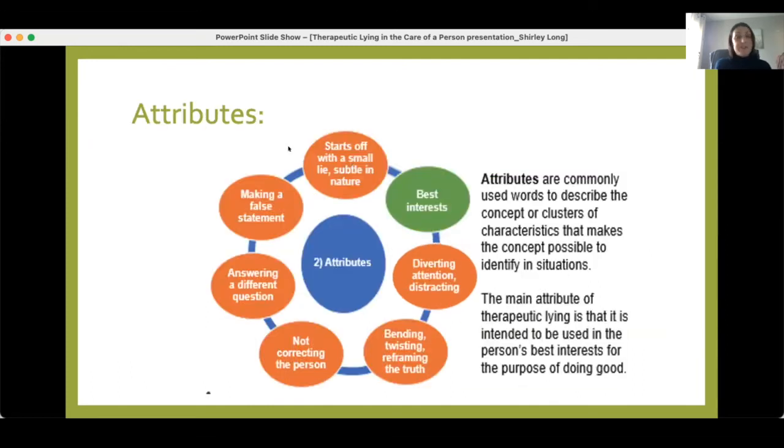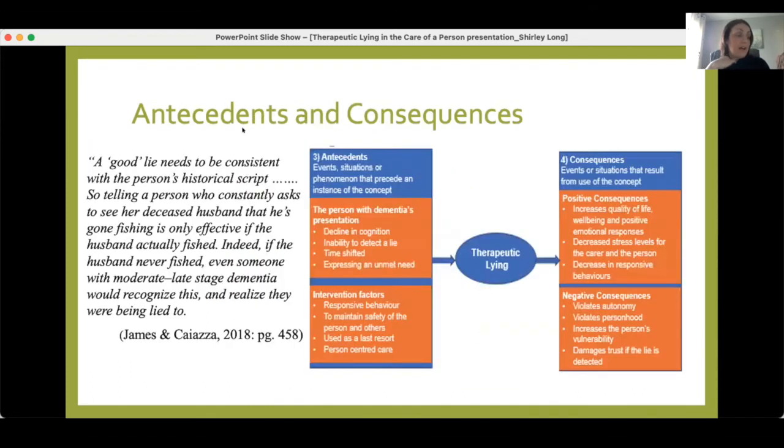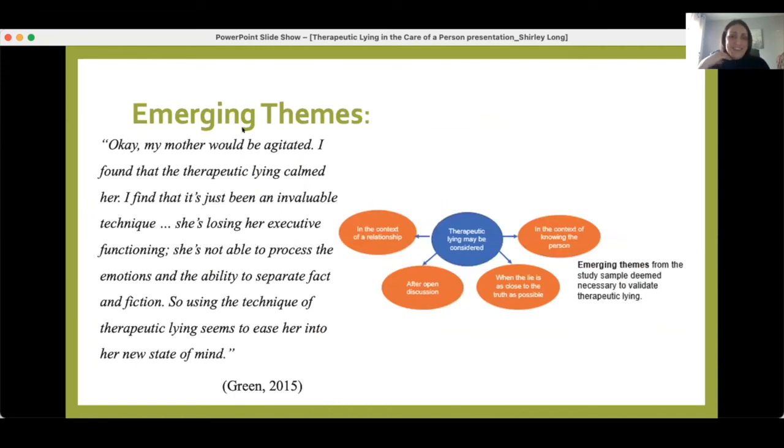The emerging themes that were focused on in the literature were that a therapeutic lie may be considered under certain circumstances: in the context of knowing a person, when a lie is as close to the truth as possible, after open discussion, and in the context of a relationship.